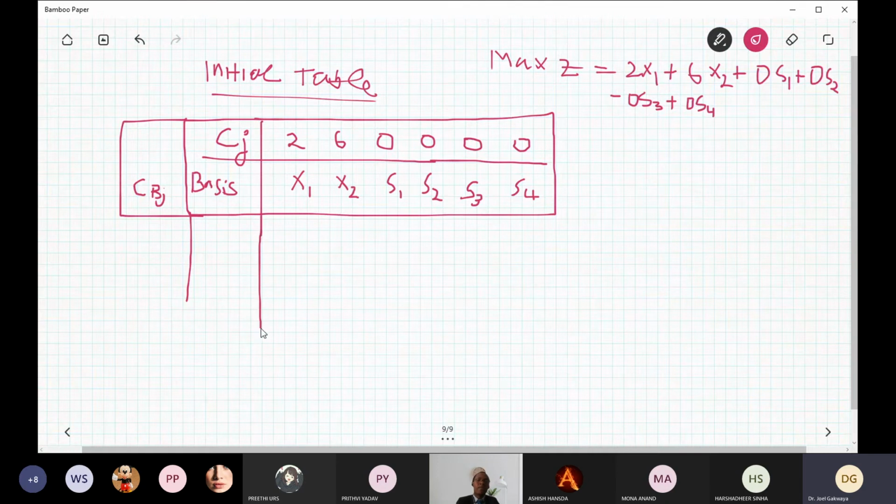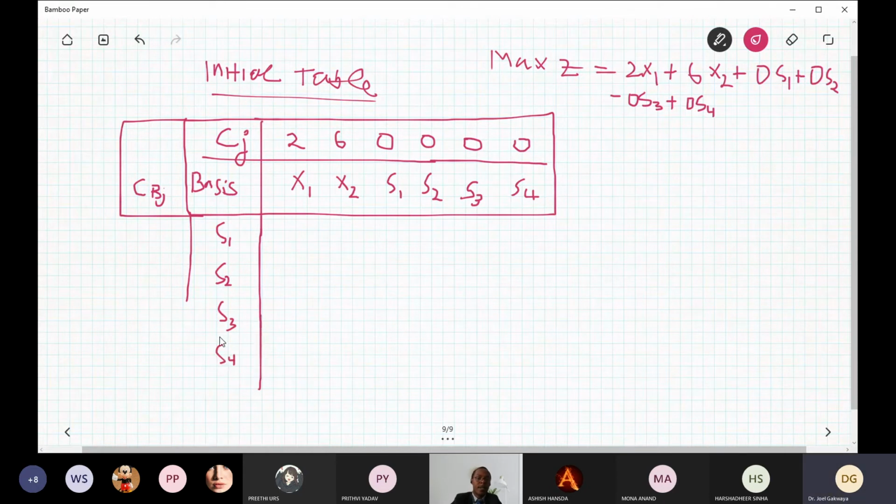The basic variables are the extra variables which you have added, which are S1, S2, S3, and S4.